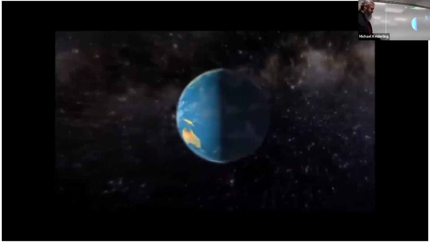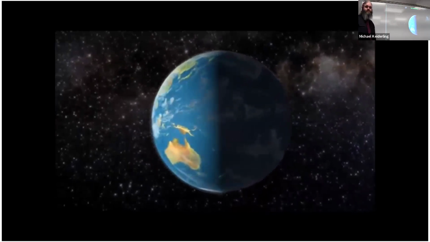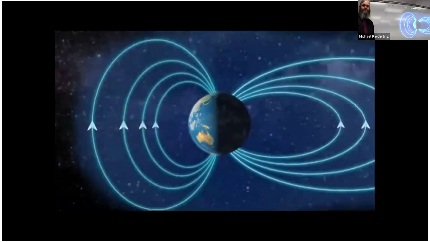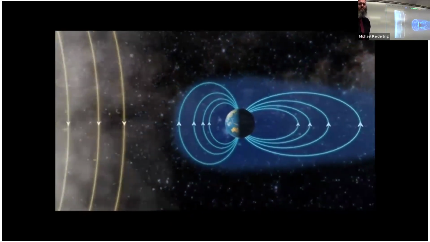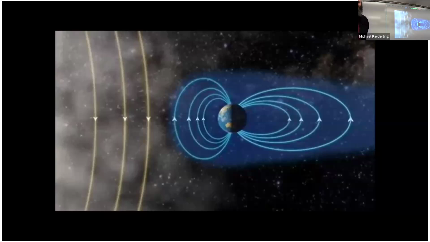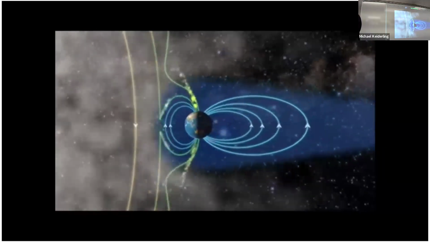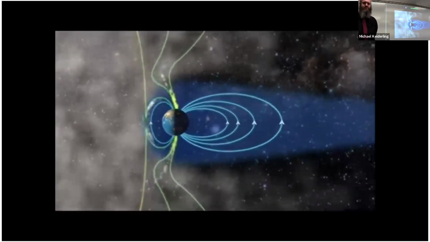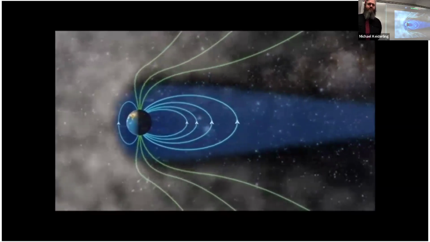And after 18 hours, the solar storm reaches Earth. When the solar storm reaches our planet, something strange happens. An invisible shield, the Earth's magnetic field, deflects the storm. The magnetic fields couple together and create a funnel where the gas streams down on the daylight side of the pole. This is the daylight aurora.